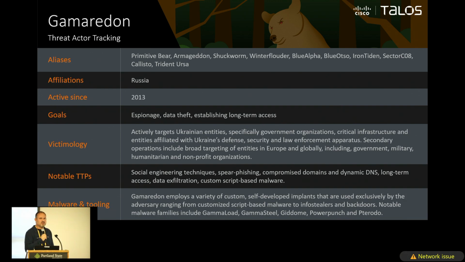And by the time the Russian invasion happened, they started targeting victims in Ukraine. So we at Cisco did a lot of work trying to help Ukraine in cyberspace. And we tried to look at Gamma Radon and see how we could prevent these attacks from them, right?